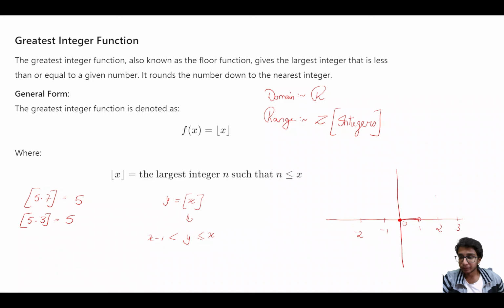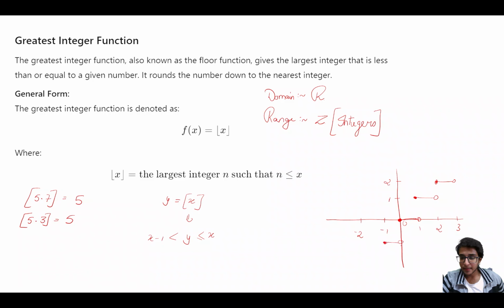Now for 2, again 2 cannot be included. However, 1 would be included. And this value that we are getting, this is basically 1. Same thing for 3 as well. Here I would have a closed circle, and at 3 I would have an open circle, and this value is 2. Similarly for minus 1, I would have an open circle here and a closed circle here.